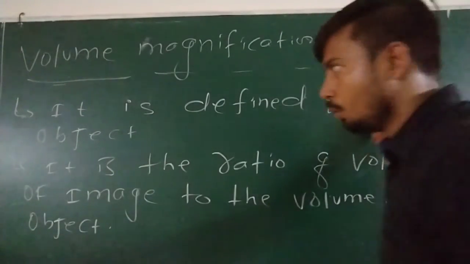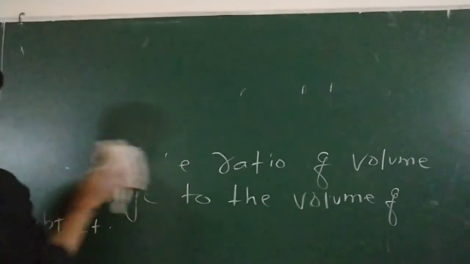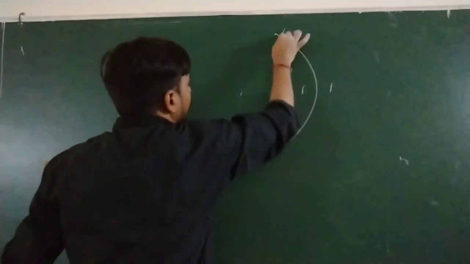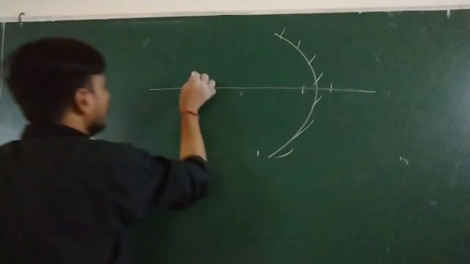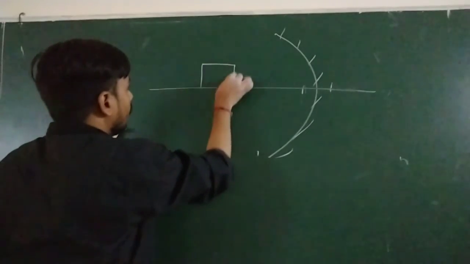Okay. See its formula. Suppose this is a concave mirror, and here we are going to take an object in 3D. So suppose this is one object kept here.